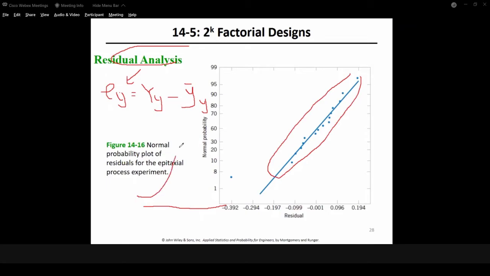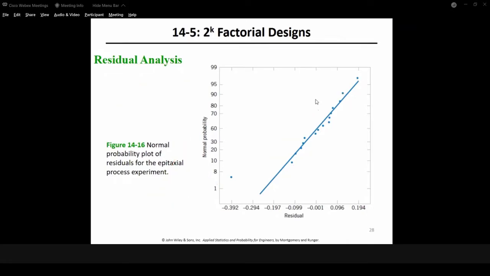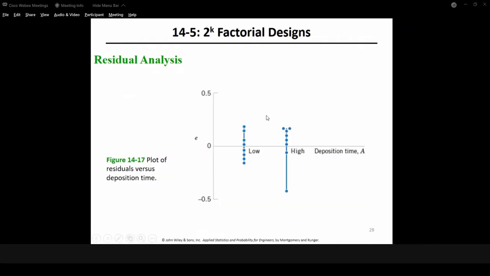The error in your experiment must be normally distributed with mean and sigma. The error must be normally distributed, which shows as a straight line on the plot.